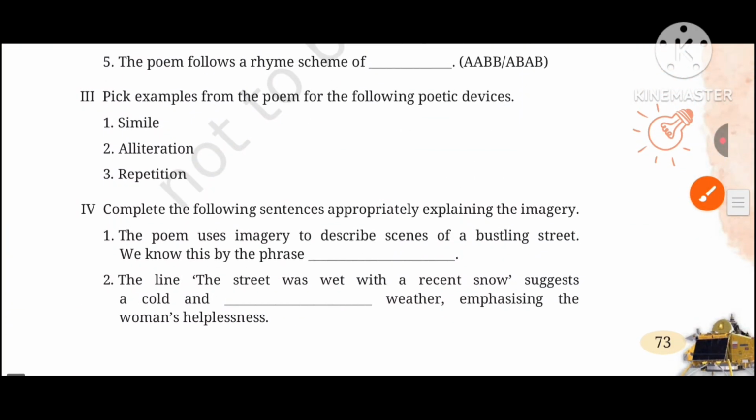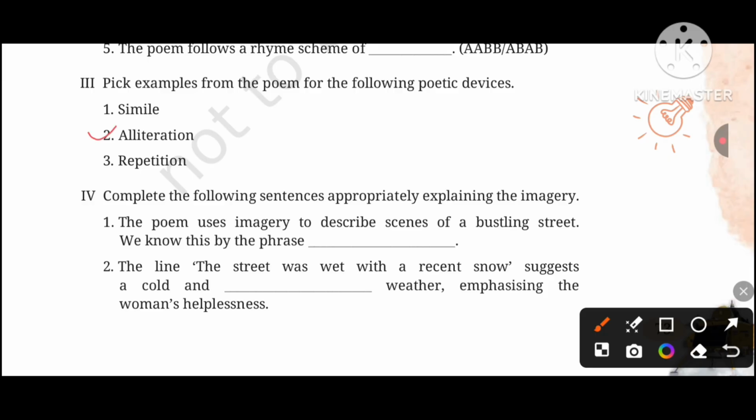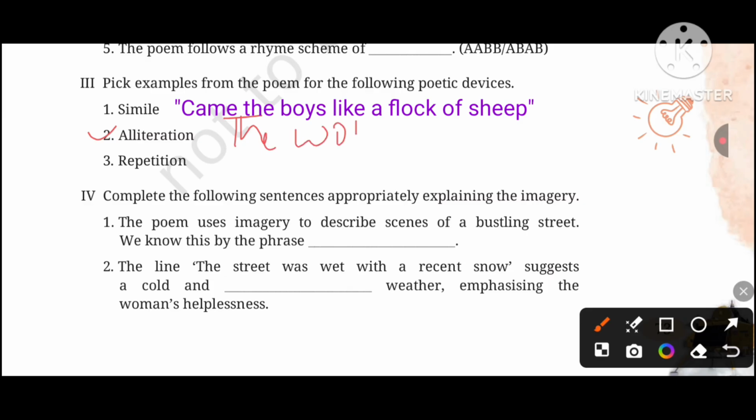Next is alliteration. What is alliteration? The woman was old. Here is alliteration in this line. First of all, repetition of the same consonant sound at the beginning of closely connected words is called alliteration.